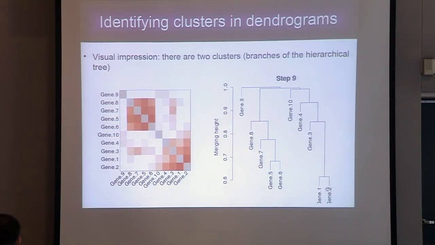Here is the branch of genes 1, 2, 3, 4, and 10 is just barely part of the branch. And then this square here corresponds to this branch 5, 6, 7, 8. And gene 9 is just above, just away from both of these branches. So what methods can you use to identify these branches automatically?